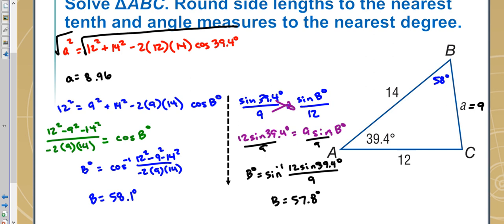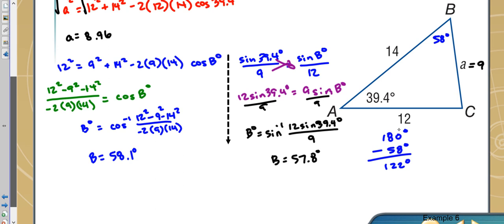To find angle C, you take your 180 and you subtract 58. That gives us 122 degrees. And then you take that 122. So again, what I just subtracted there, that is my angle B. And now we would subtract the 39.4 degrees, which is our angle A. I don't know why I put the degrees there.